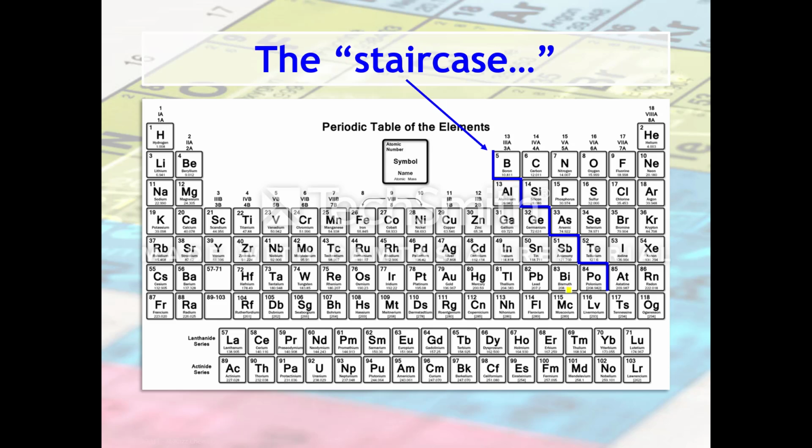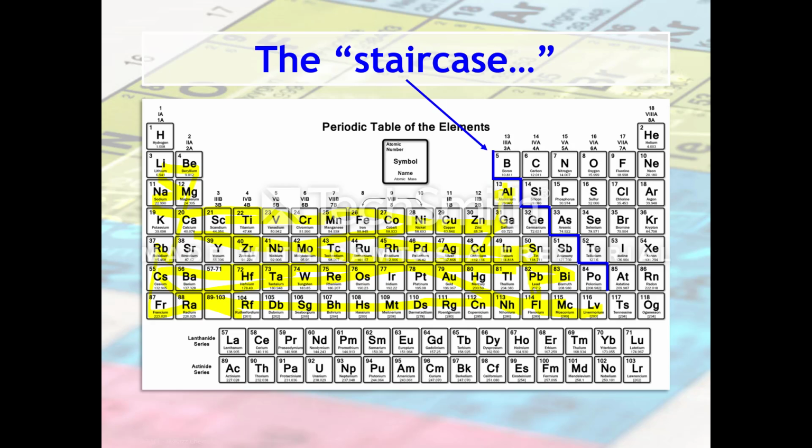All of this to the left of your staircase, I'm just kind of highlighting it yellow so you know a little bit what I'm talking about. Obviously, this could be better. All this stuff, okay, these are metals. Anything touching the staircase, except for aluminum, is a metalloid.